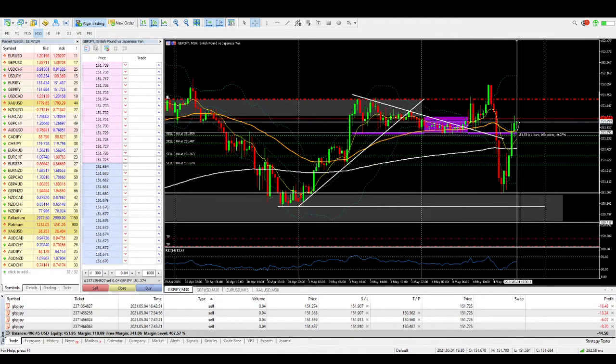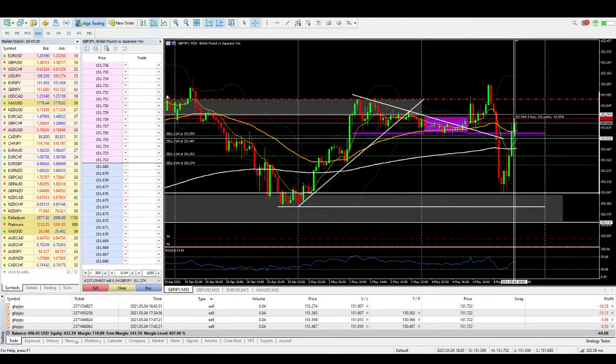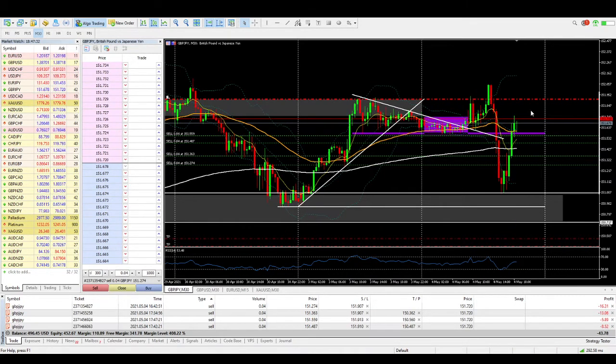Let's measure. So this is now a 10 pips range. The other one is 21, 22 pips. So it's getting smaller, unless it was a shoot up and hit the stop loss.